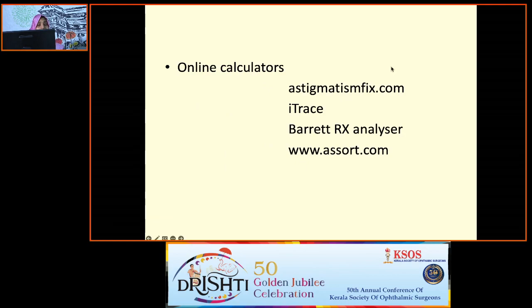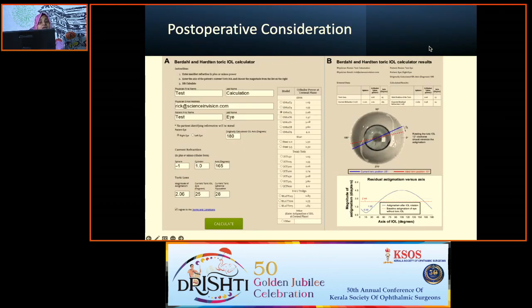There are online calculators available like astigmatismfix.com, iTrace, Barrett RX Analyzer, or assort.com. How will we check in astigmatismfix.com? We have to enter the doctor and patient data, which eye, the IOL power and model, and the current refractive status of the patient, and then click calculate.